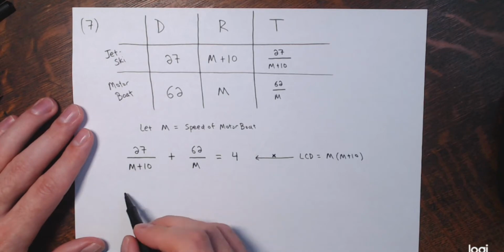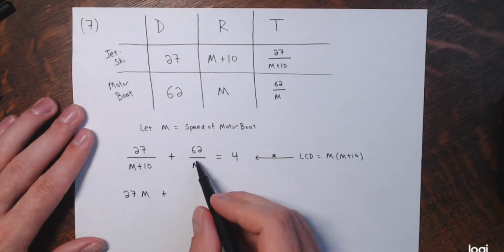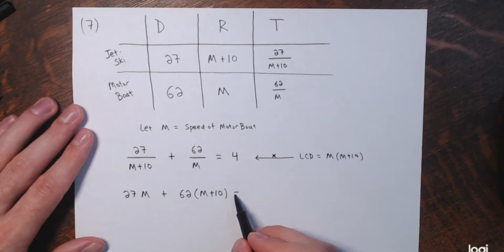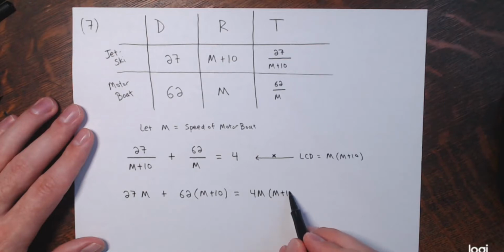First fraction, we just had 27m plus the second term would be 62 times the quantity m plus 10. And then the other side would just be 4 times the LCD. 4m times m plus 10.